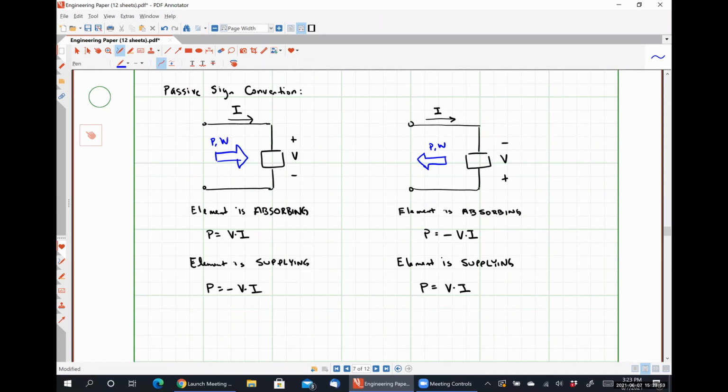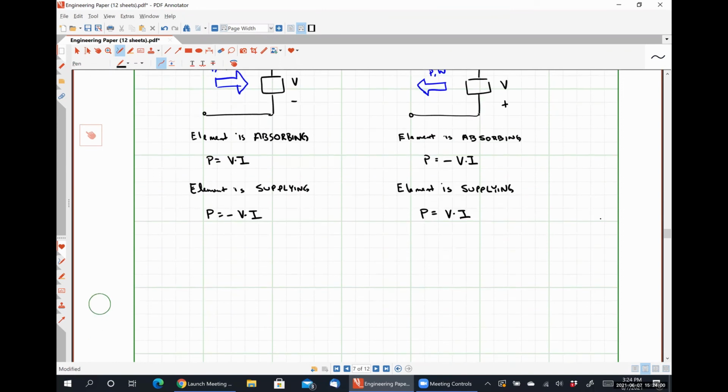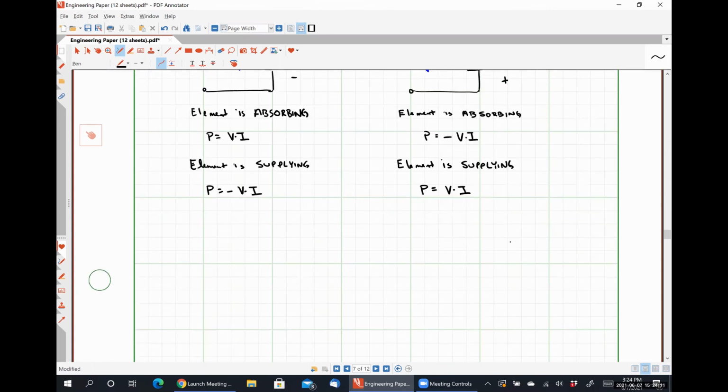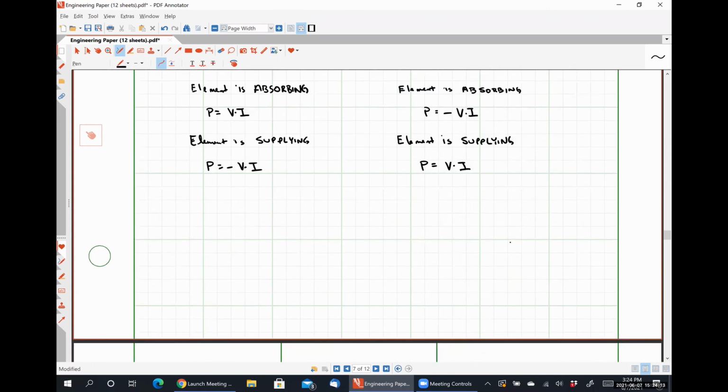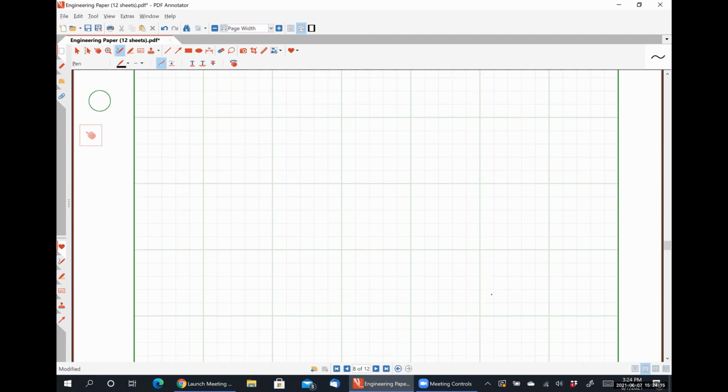All right. So to beat this into your skull, because it is literally that important, you'll be super frustrated with lots of homework assignments, test questions, and all that kind of stuff if this doesn't make sense. Let's look at a very simple circuit.